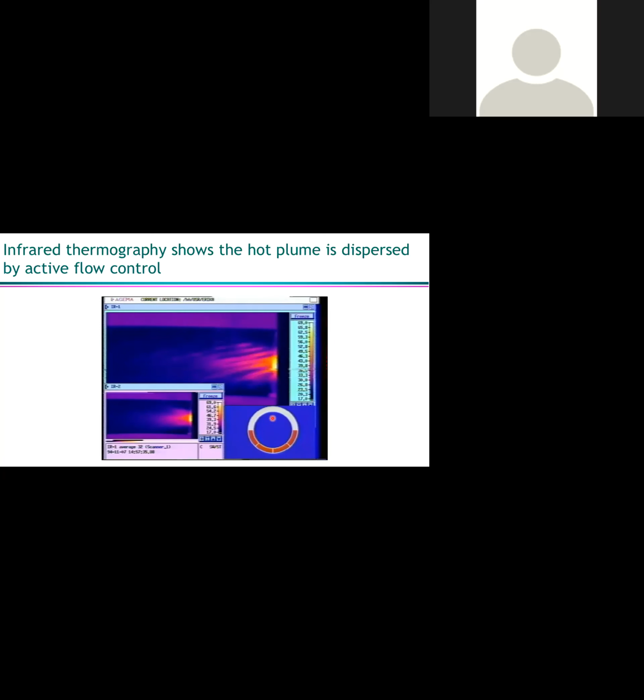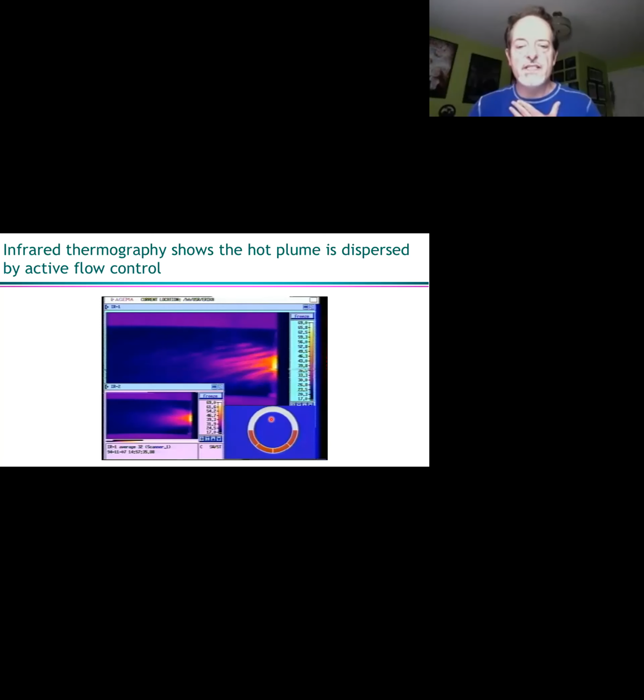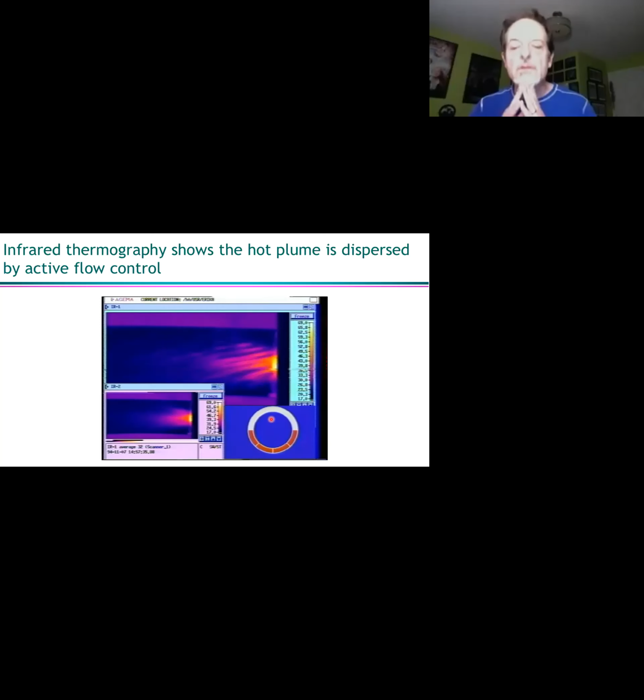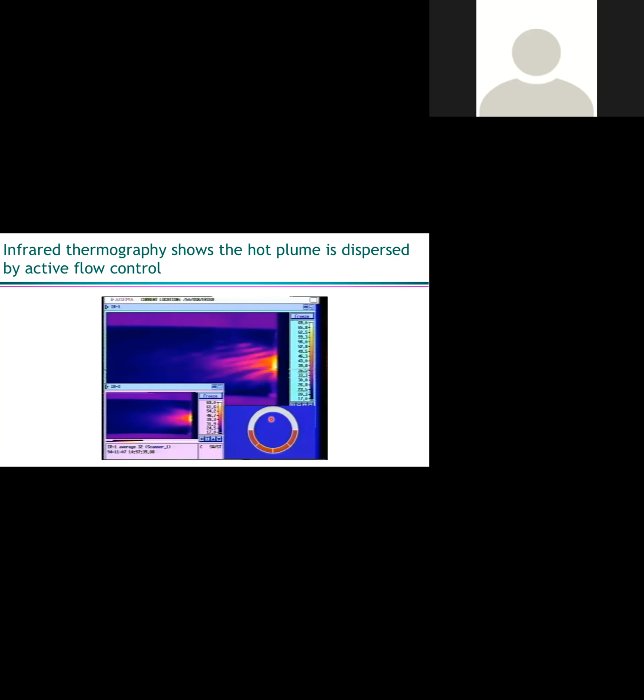So how many jet nozzles are we having on that particular engine? Well, this wasn't an actual engine, it was just a lab experiment. And there was just one nozzle. Got it. Any more questions on that?